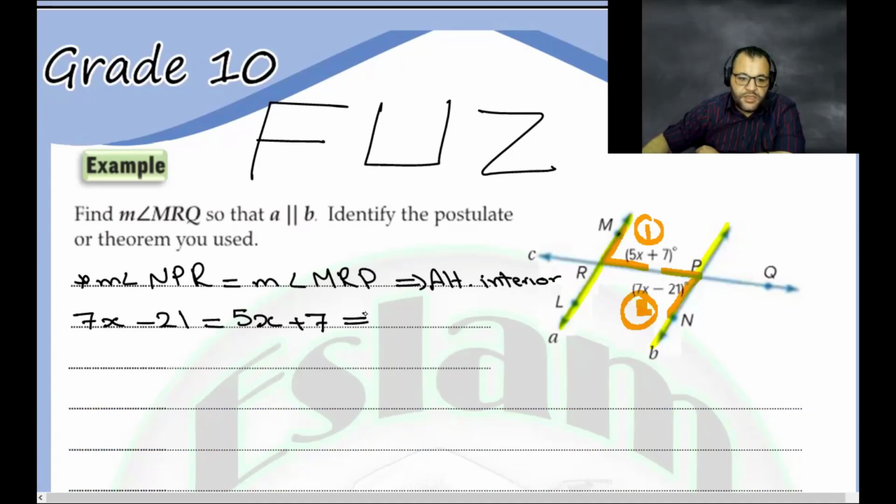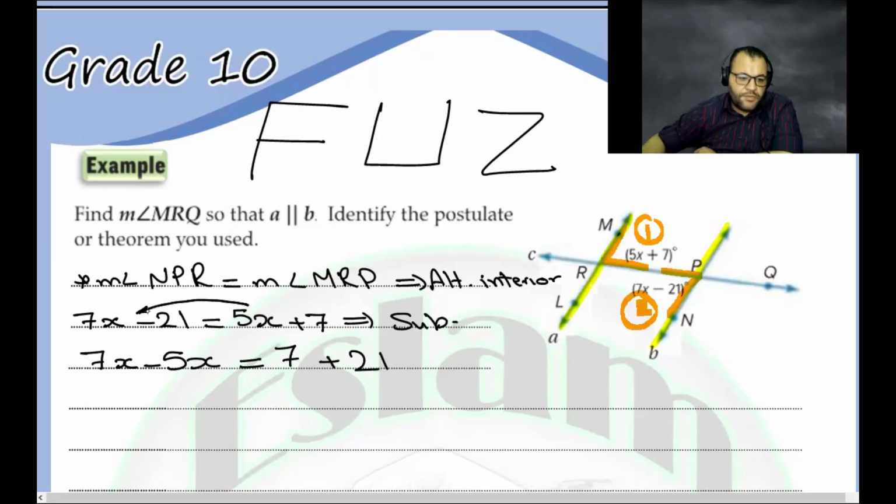This step is called substitution. To solve, subtract: 7x minus 5x is 2x, equals 7 plus 21. We shift 5x to the other side by subtracting and 21 to the other side by adding. So 2x equals 28.